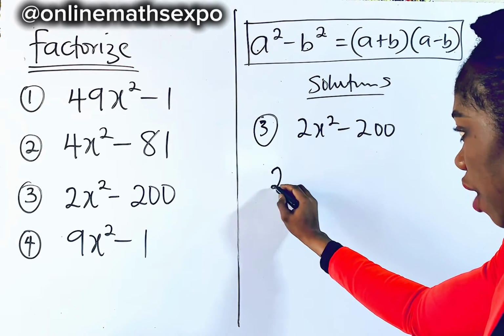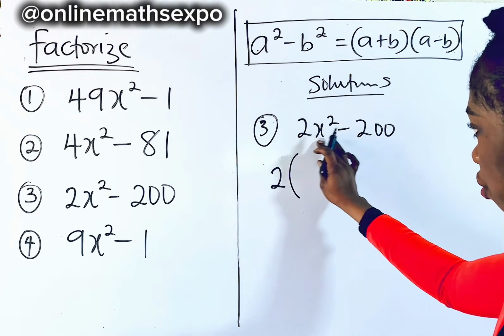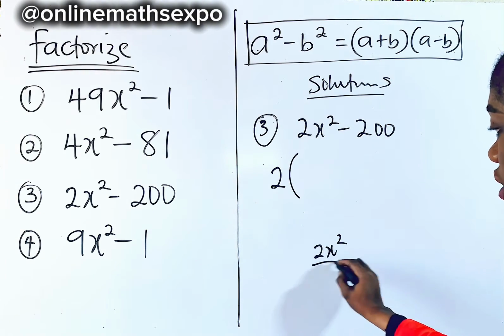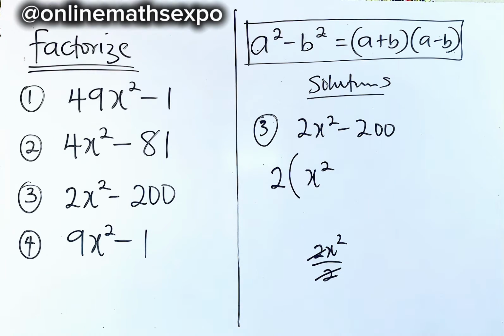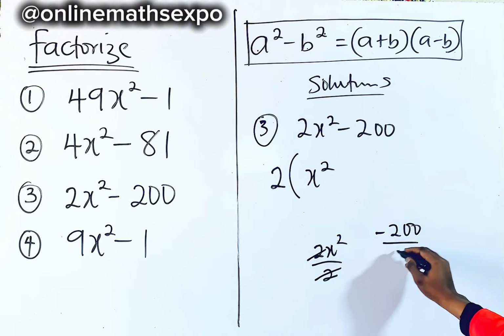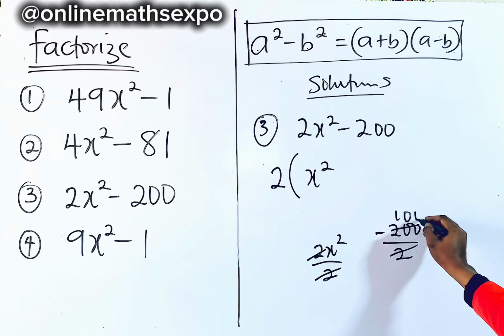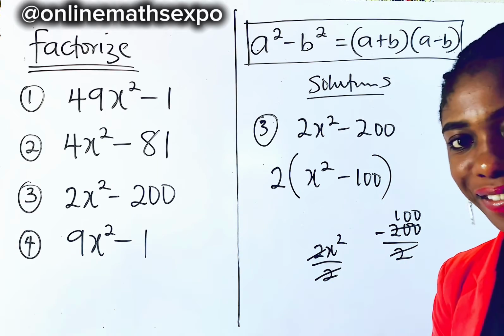So in that case, we factor 2 out, open a bracket, use 2 to divide 2x squared. Divided by 2, this we cancel, you have x squared. Did you see that? Then use 2 to divide negative 200. This will give us negative 100. Interesting. You have done the work. Did you observe anything?